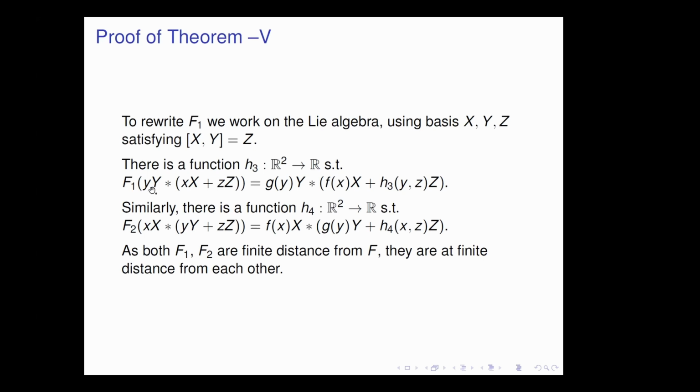We know F1 has the property that it sends cosets of the xz plane to cosets of the xz plane. So it has this formula. In the y direction, it's given by little g, and in the x direction, it's given by little f. But now, instead of the previous formulation where h1 depends on all three coordinates x, y, z, here h3 only depends on y and z. It doesn't depend on x because F1 sends cosets of the x-axis to cosets of the x-axis.